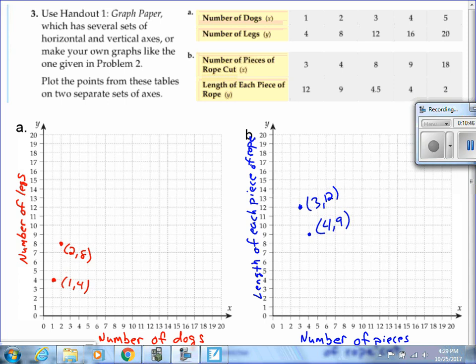Okay, which makes sense if you have a certain length of rope and you start cutting it into more and more pieces, each piece is going to become shorter and shorter. So you're going to notice that pattern in the graph, and we'll go over that here when we have it completed. But take a moment right now, pause the video, and go ahead and plot the rest of the points off the tables.